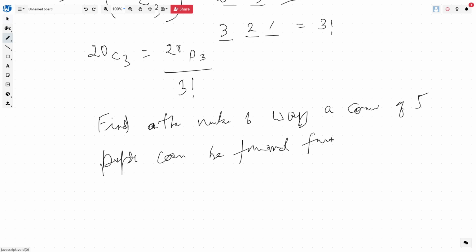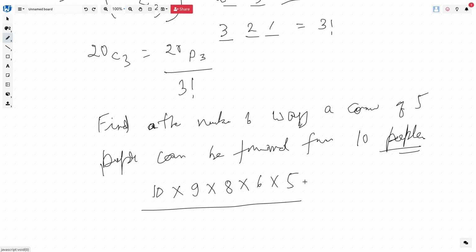from 10 people. Again, first you arrange these 5 people from 10 people, so you get 10 into 9 into 8 into 7 into 6, five factors. Then since 5 people are chosen at a time, they can be rearranged among themselves in factorial 5 ways, that is 5 into 4 into 3 into 2 into 1.